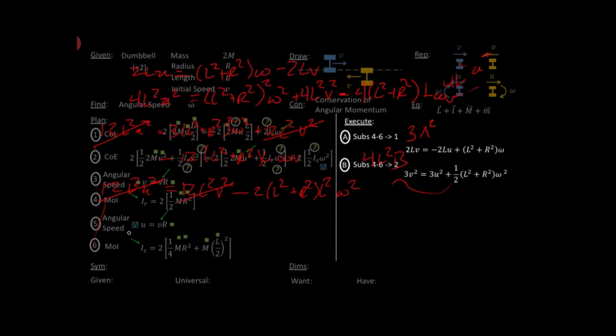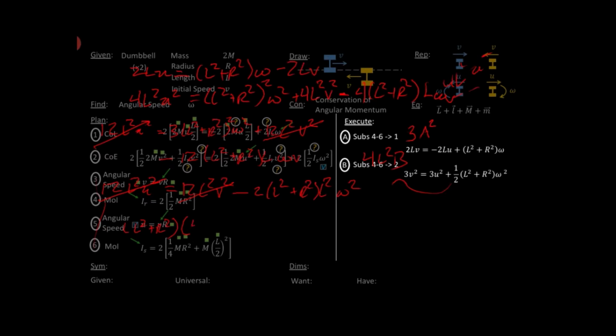So what is that? We have a common factor of L squared plus R squared. We have 3 times L squared plus 3 times R squared, and here we have just 2 times L squared. So these guys add up because this one's negative, but it's on the other side.